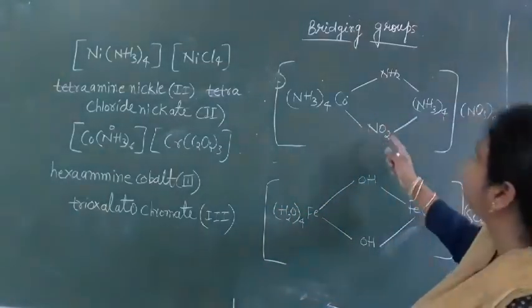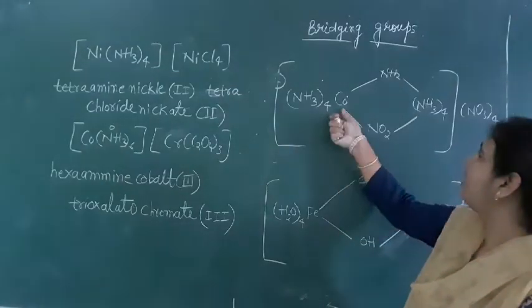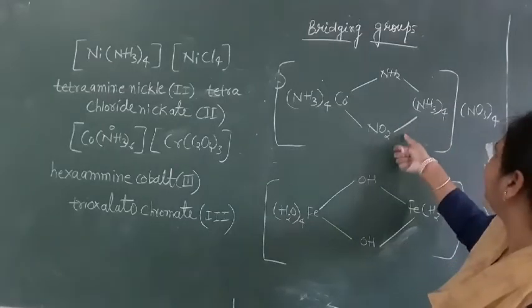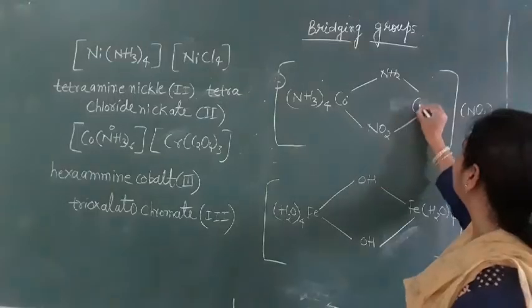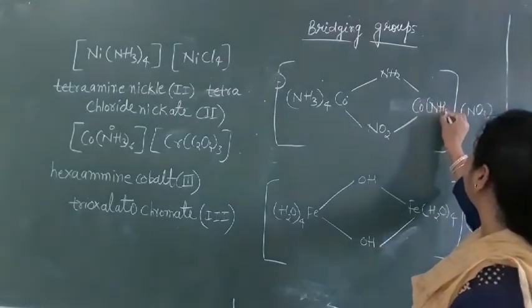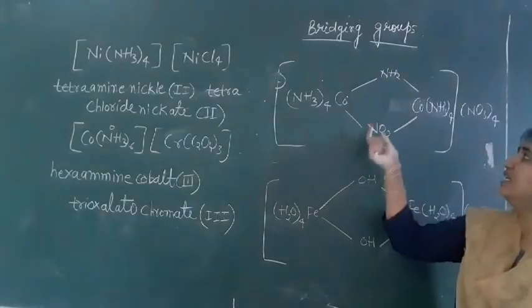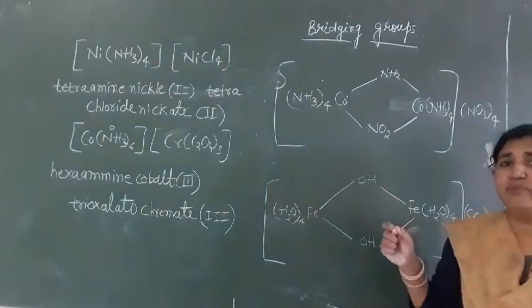Okay. Next we have here bridging groups. Bridging groups means the ligands that join the metals here. Cobalt will be there here. This is CO and here NH3, 4 we have here. So how do we have to write it here? The ligands which are present in the bridge, these ligands we have to denote by mu.